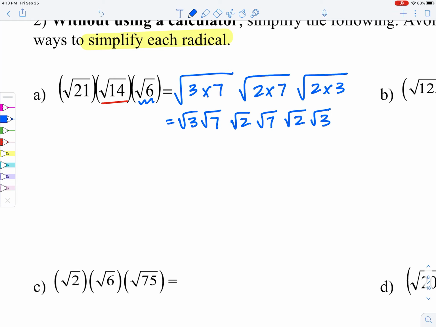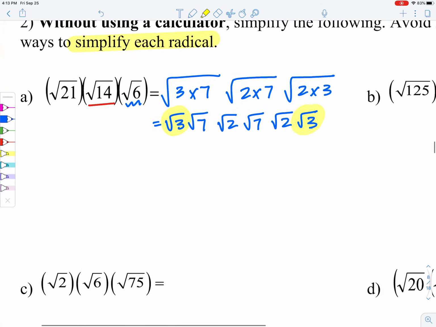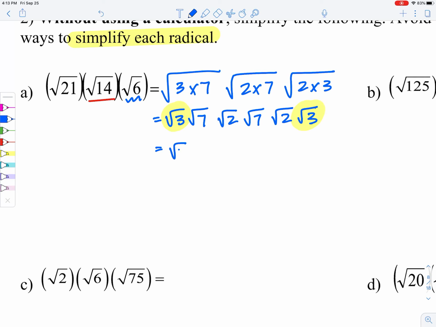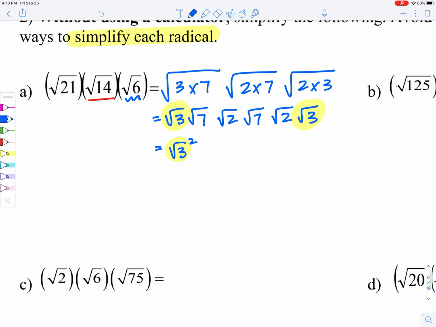And now the way that I can be clever about it is I can say, okay, I have a root 3 here and a root 3 here, so really I have a root 3 squared. And root 3 squared is just plain old 3, because the square and the square root undo each other.